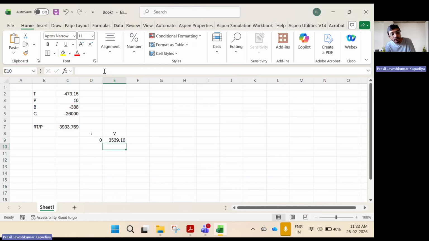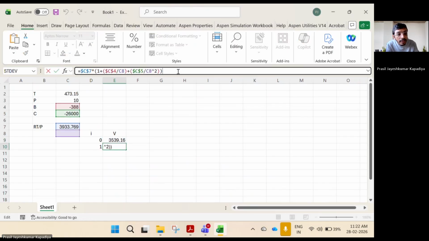When I take the ideal gas volume first, I get this number. Now for my second iteration, I just need to change this.